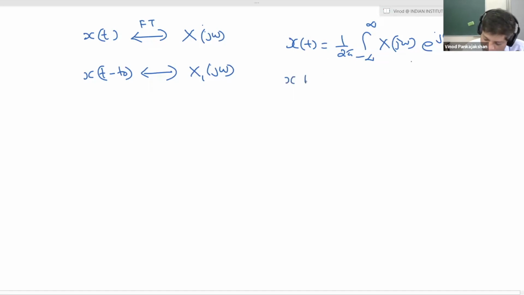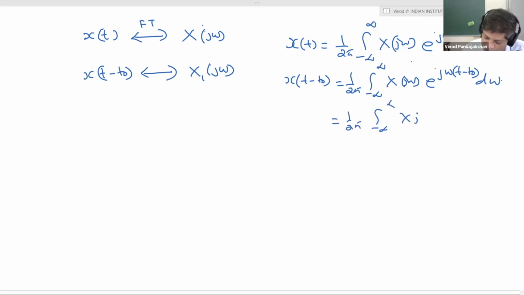You will get x(t minus t naught), that is 1 upon 2π integral from minus infinity to infinity X(jω) e to the power jω(t minus t naught) dω. And this can be written as X(jω) into e to the power minus jωt naught into e to the power jωt dω. Now tell me, what is X1(jω)?